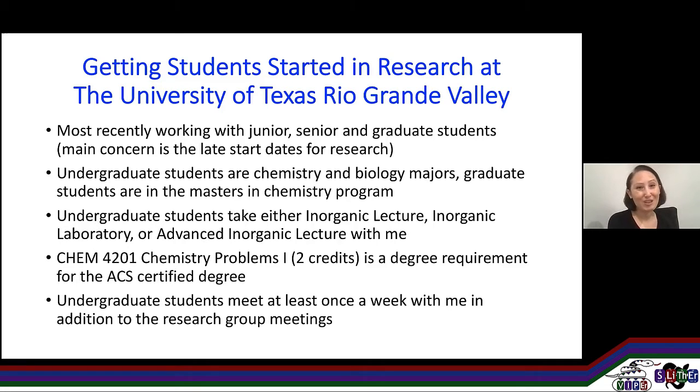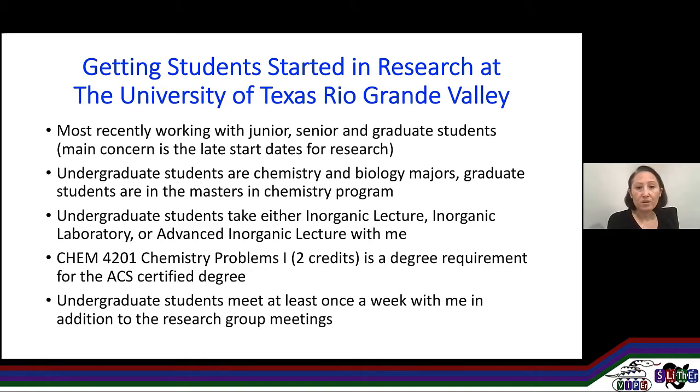If I teach Gen Chem lab or lecture, then I also like to get them started early in the freshman year. So our main concern is the late start dates for research. The sooner they start is obviously the better, but I don't meet them until they're juniors and sometimes seniors.